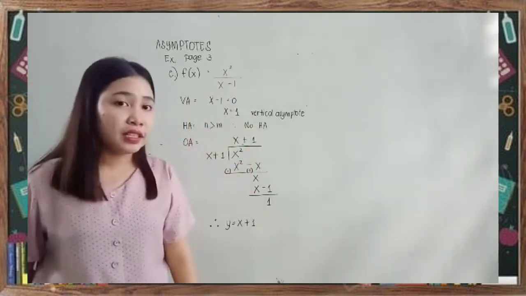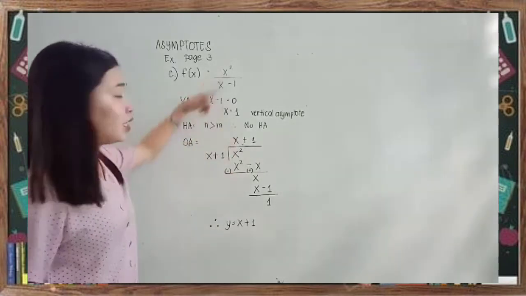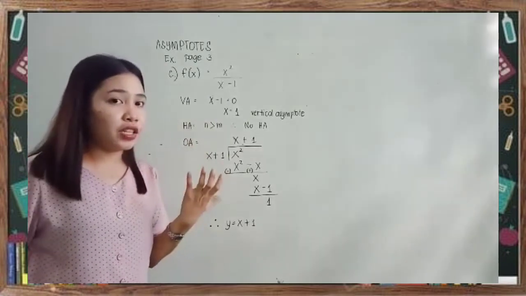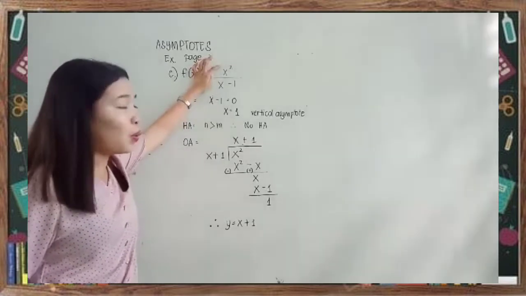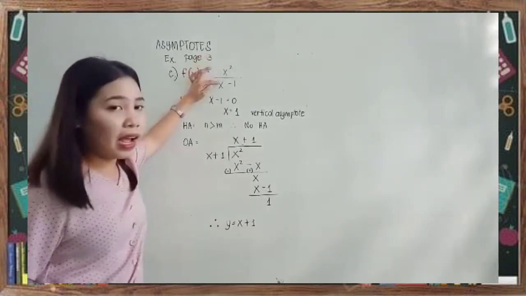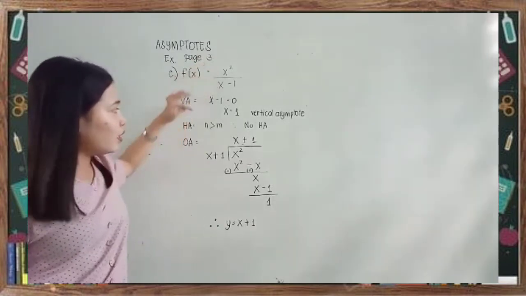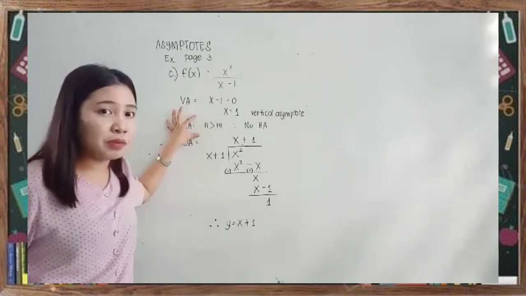Then, the next one is the horizontal asymptote. So, let's check the degree of the numerator and the degree of the denominator. Since ang degree ng numerator natin ay 2 and ang denominator naman ay may degree ng 1, ang ating horizontal asymptote ay wala.